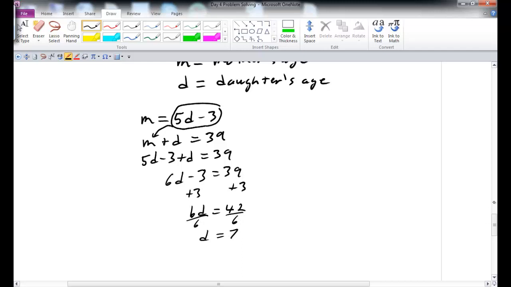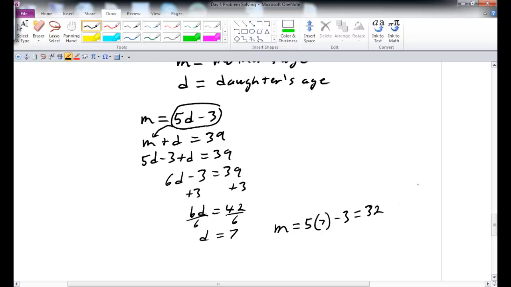And we said the mom's age was 3 less than 5 times the daughter's age. So that might take some figuring. We have the mom's age equal 5 times the daughter's age minus 3. 35 minus 3 is 32.